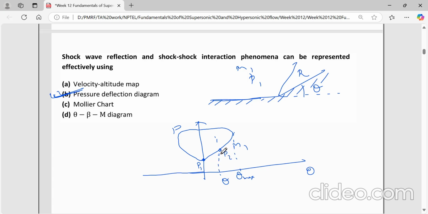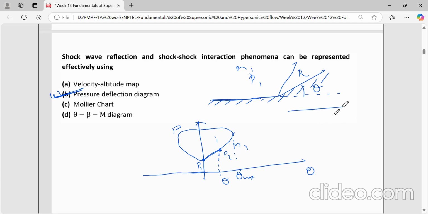And you can see that each theta has two values of pressure: one is for a weak shock and one is for a strong shock. So we get this P2 for this theta angle. Like this we can find it.